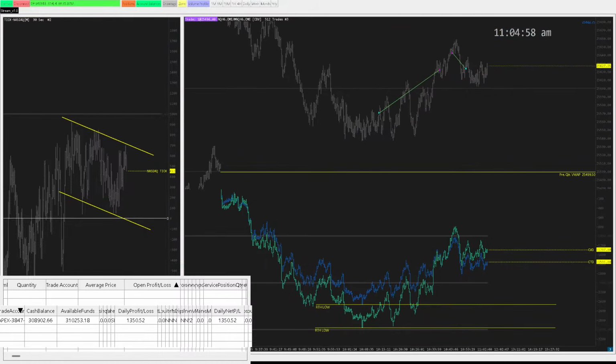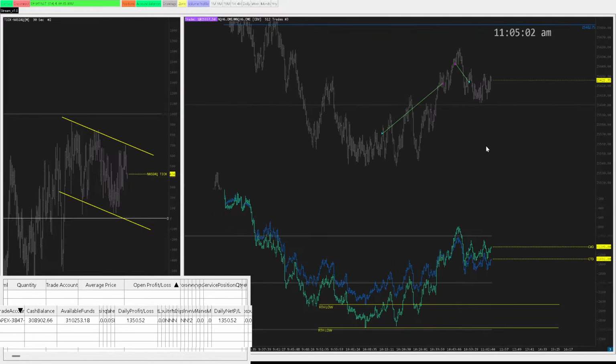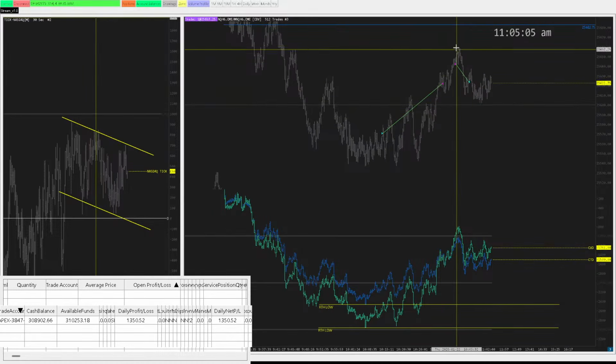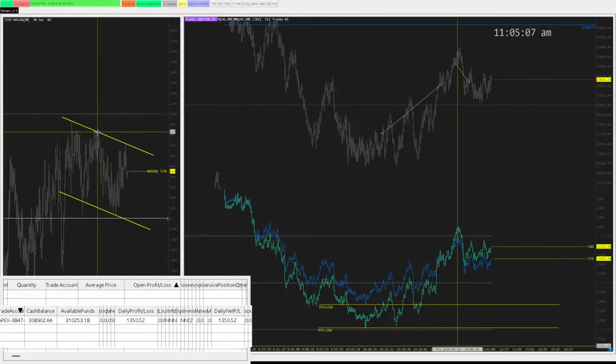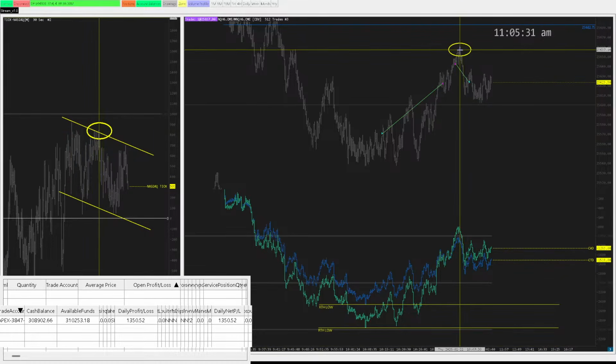Okay, so yeah, if you were trying to short it, whatever price point lines up with the divergence, which in this case, yeah, it's this one, that would be your stop.